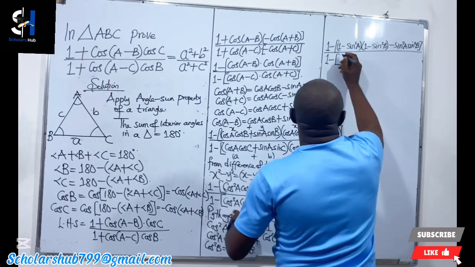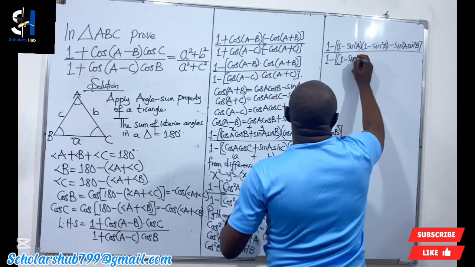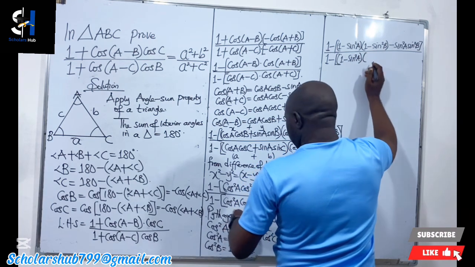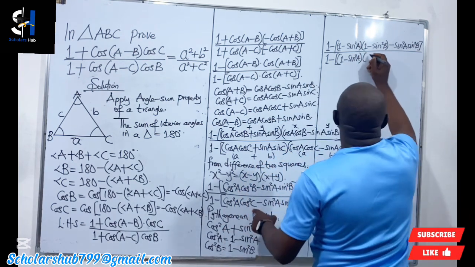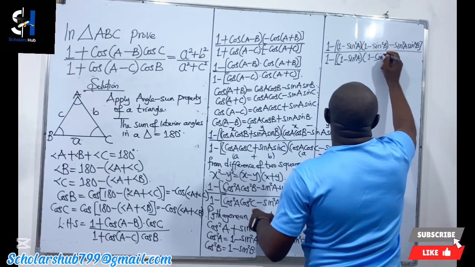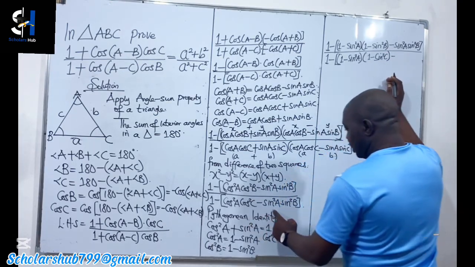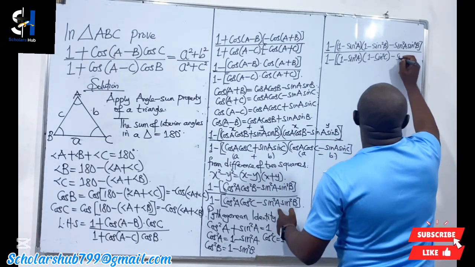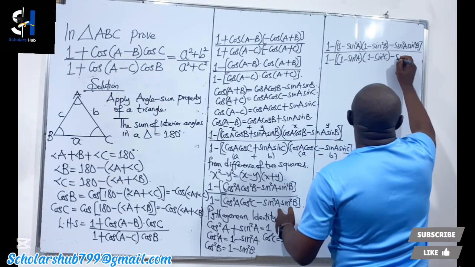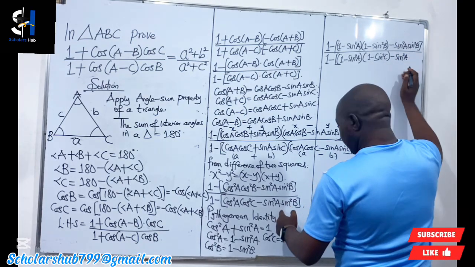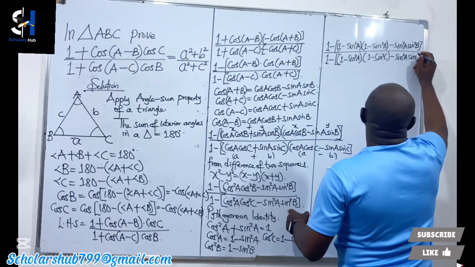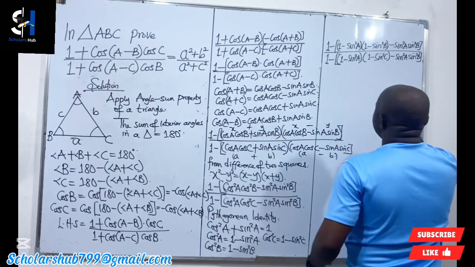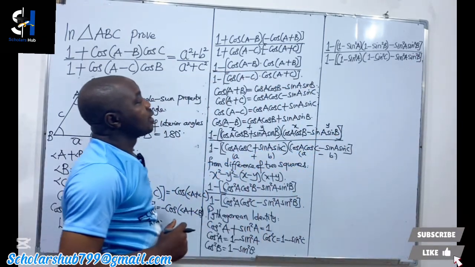So for this one, this is going to be 1 minus sin squared A. Then for cos squared C, that will be 1 minus sin squared C. Then we have minus sin squared A sin squared C.